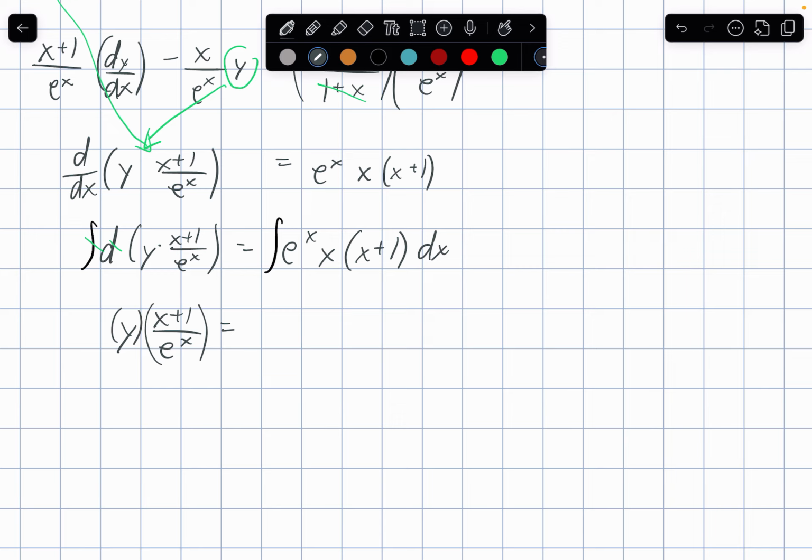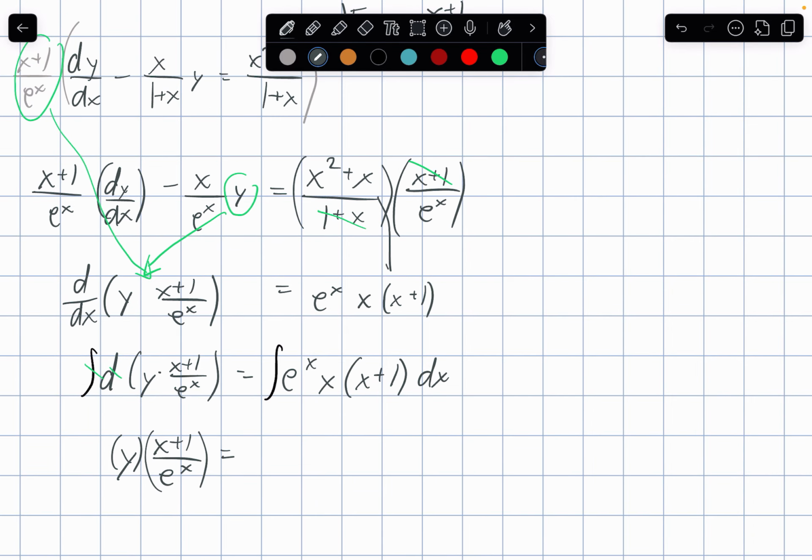At the right side, I factored just for precautionary measures. But since we're going to integrate, it's better that it be in a form that is most simplified. So x squared plus x, x squared e raised to x plus x e raised to x.